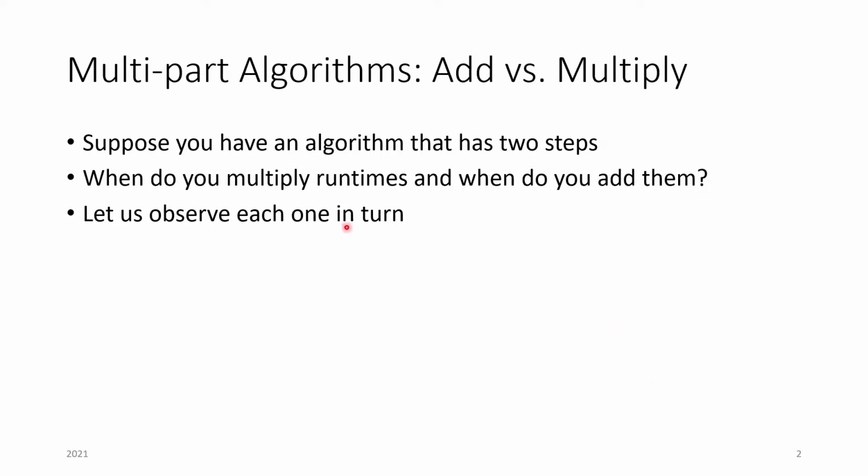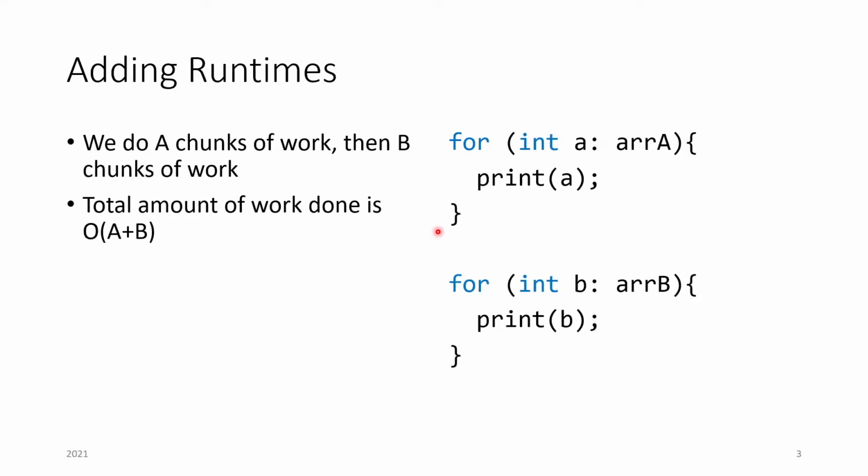So we're going to be observing here, in regards to a code, how do we formulate the order using this. So in N runtimes, this is when we have independent loops here that do not nest within one another.